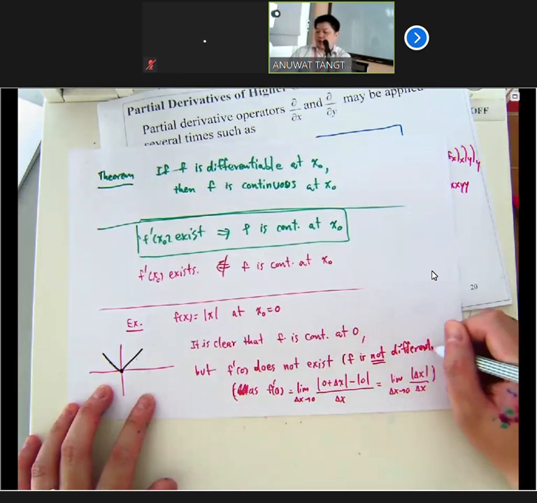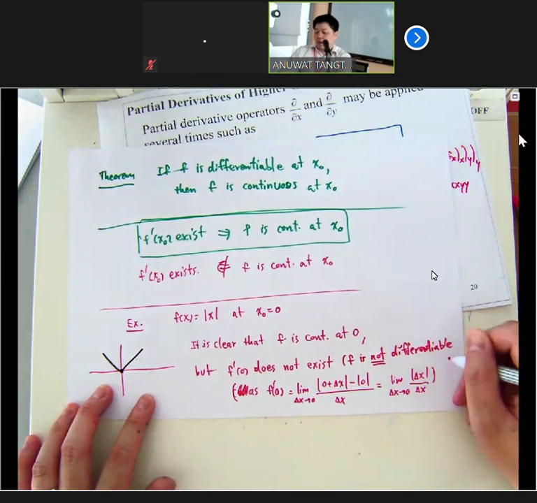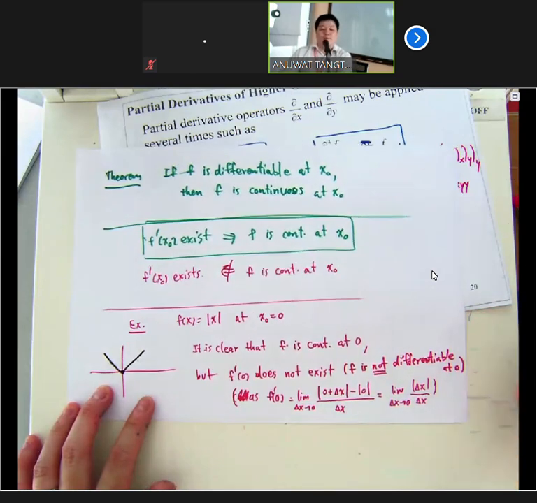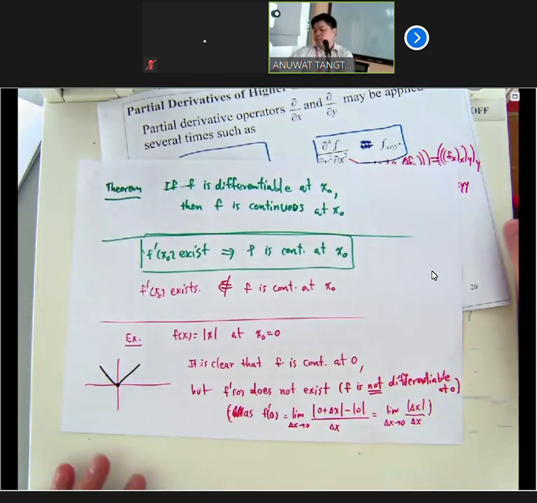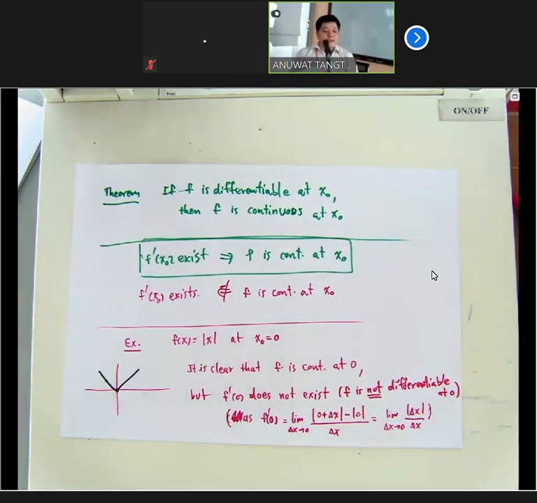This one is a result of one variable. Now, this theorem can be extended to the case of 2 variables and 3 variables and so on.